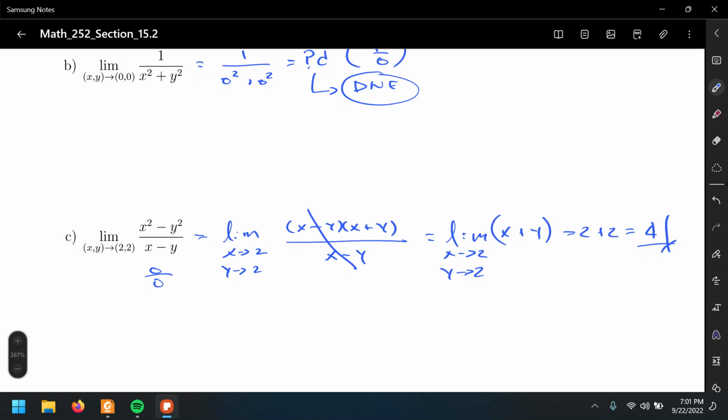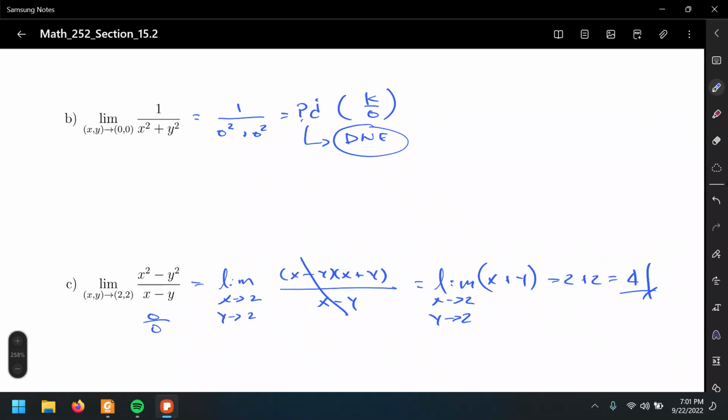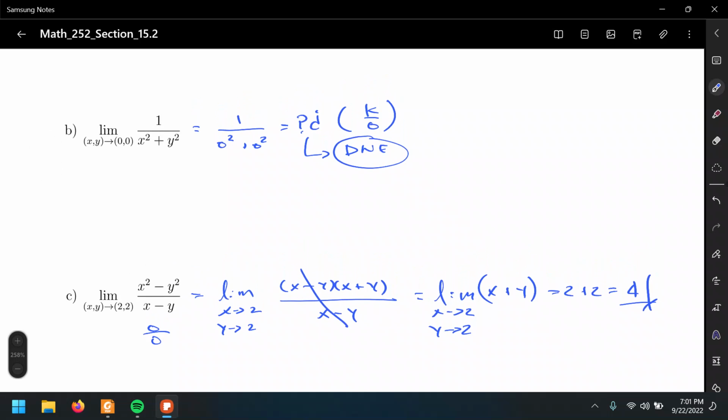Let me go back to letter B. We're supposed to call this DNE. However, what if we look at the function in two different projections? Because essentially, this is z equals 1 over x squared plus y squared.